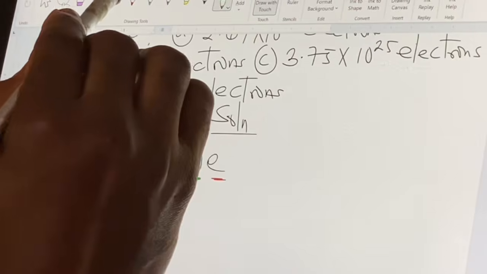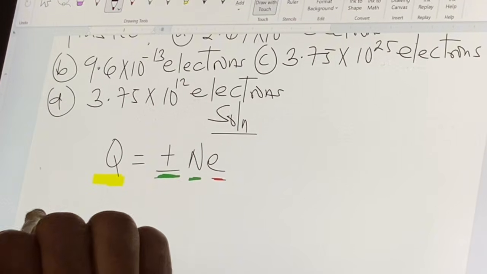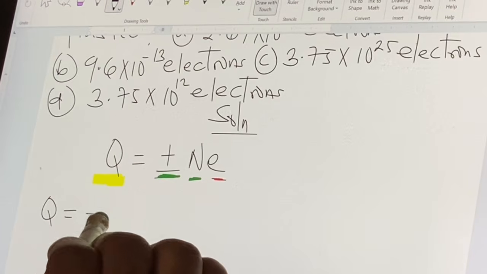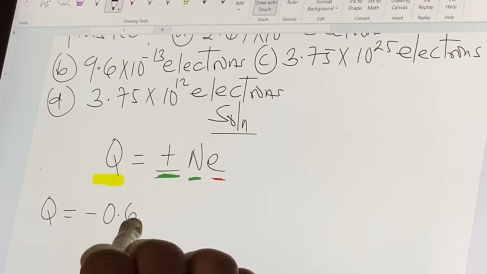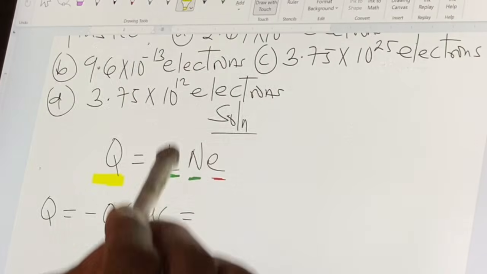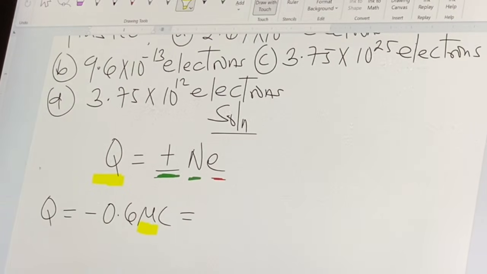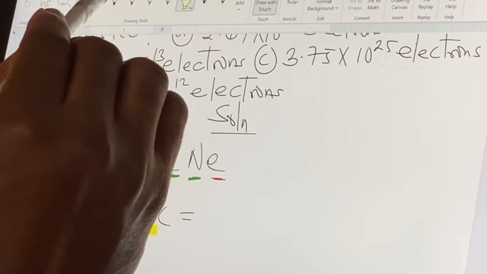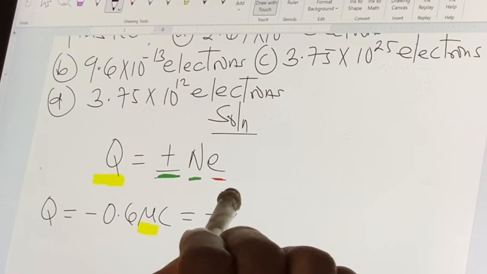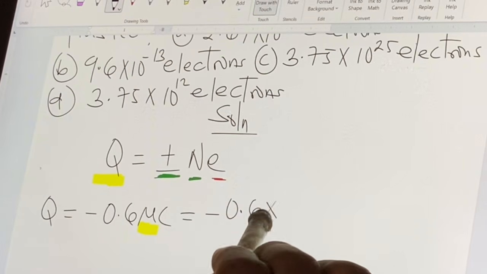From the question, Q is given to us as minus 0.6 microcoulomb. Of course, this micro here is a prefix and it has a value which is times 10 raised to power minus 6. So when you replace this, I will have minus 0.6 times 10 raised to power minus 6 coulombs.